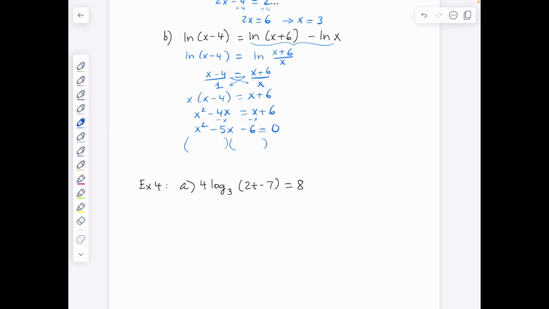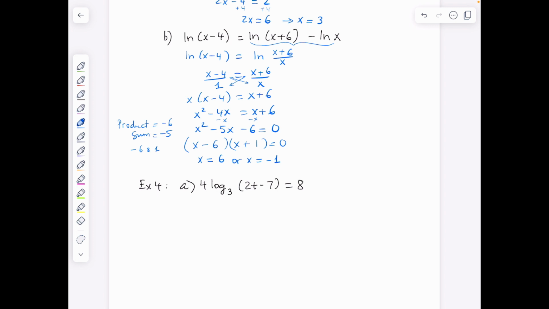We want 2 numbers that multiply to a times c, so that's negative 6, and add up to b, which is negative 5. Well, the 2 numbers should be negative 6 and 1. So we have x minus 6, x plus 1 is equal to 0. Solve each of these. We have x is equal to 6, or x is equal to negative 1.